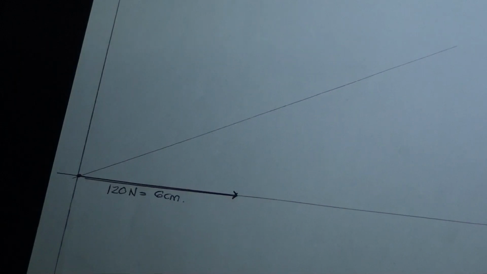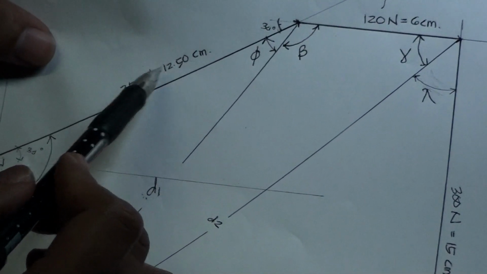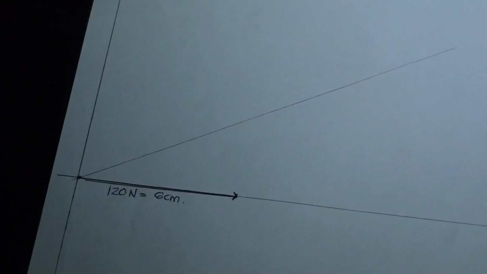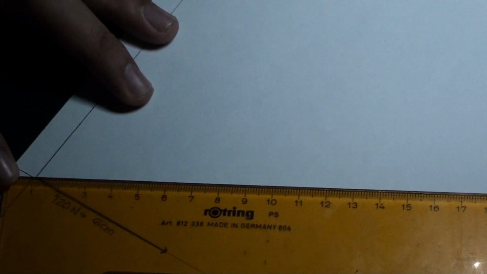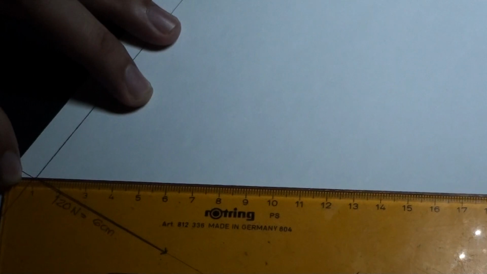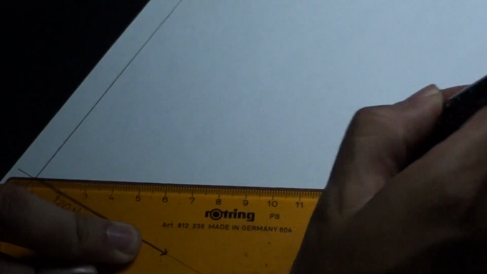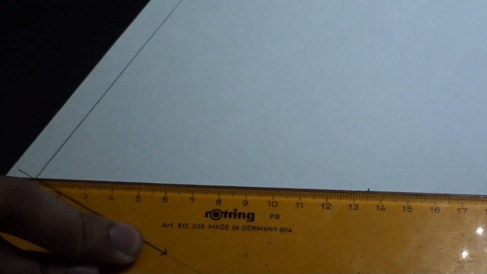So 250 Newton will have an equivalent of 12.5 in length. So 12.5, so it shall have a reading of 13.5.